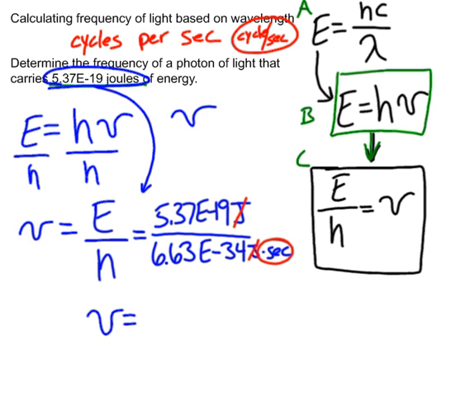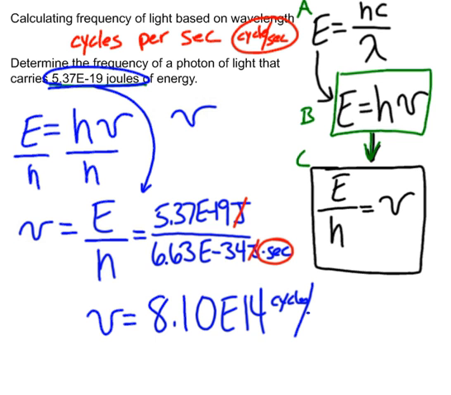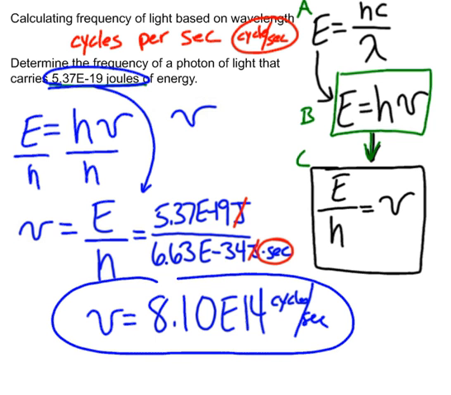So here my frequency is going to be, with 3 sig figs, 8.10, because it's 8.099. So I'm going to go 8.10 times 10 to the 14 cycles per second. All right, and this would be my frequency.